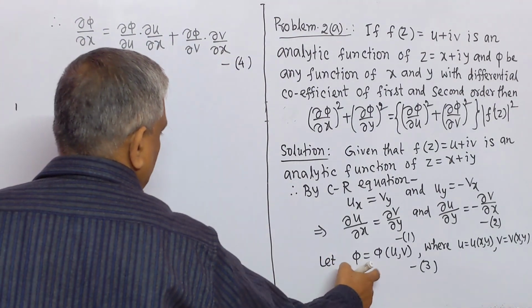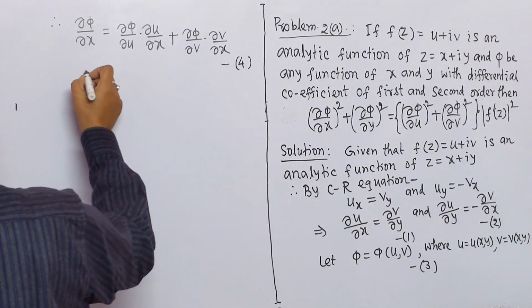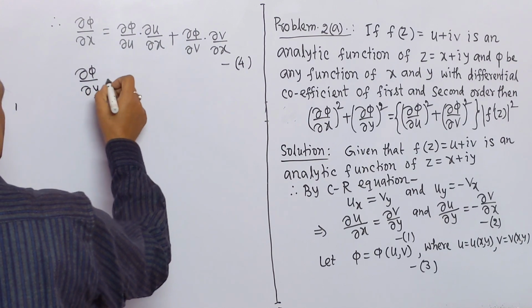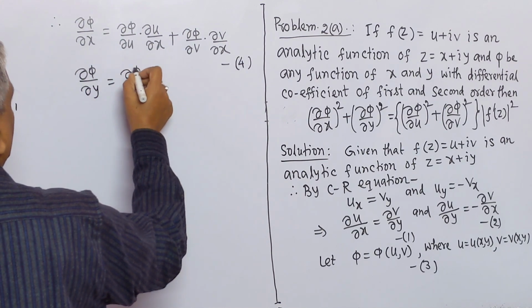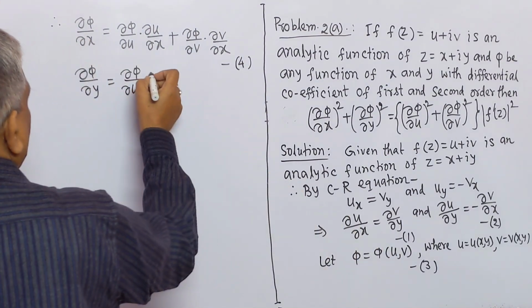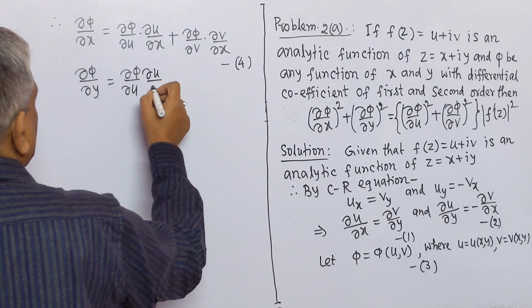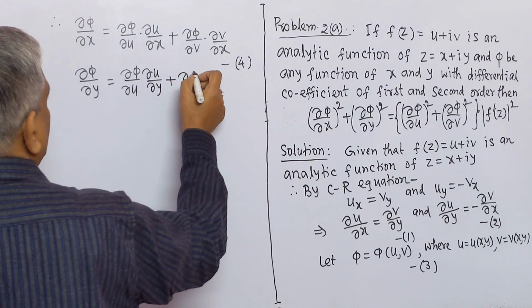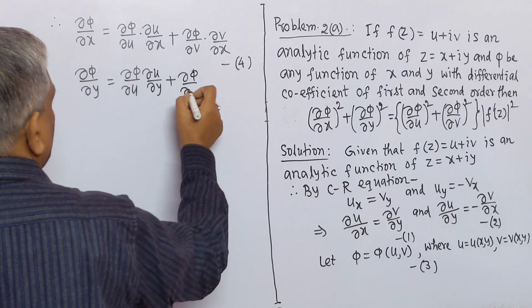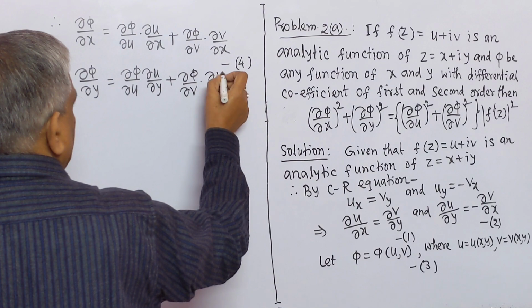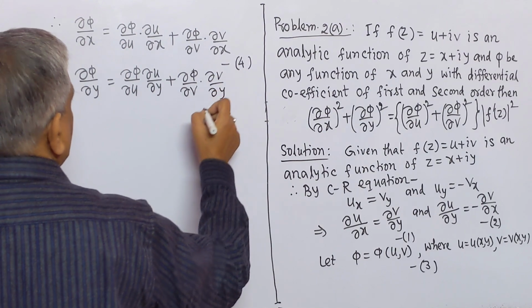Again, from 3, the partial derivative of phi with respect to y equal to the partial derivative of phi with respect to u multiply the partial derivative of u with respect to y, plus the partial derivative of phi with respect to v multiply the partial derivative of v with respect to y.